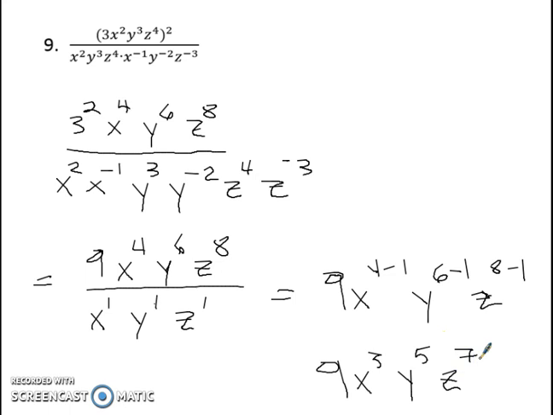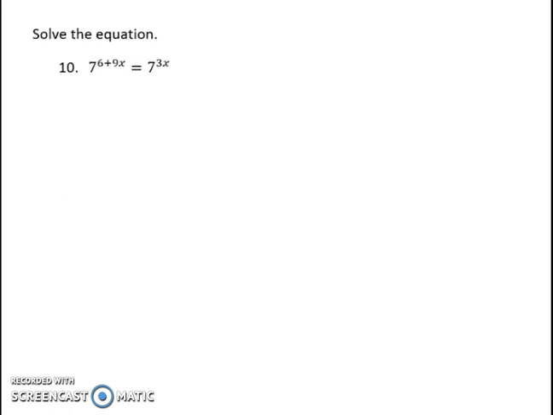Okay, let's move on to our next set. All right, so for our next problem, we have to solve the equation for x. We have to figure out what x is equal to. And this is a problem that involves a rule called the one-to-one rule.